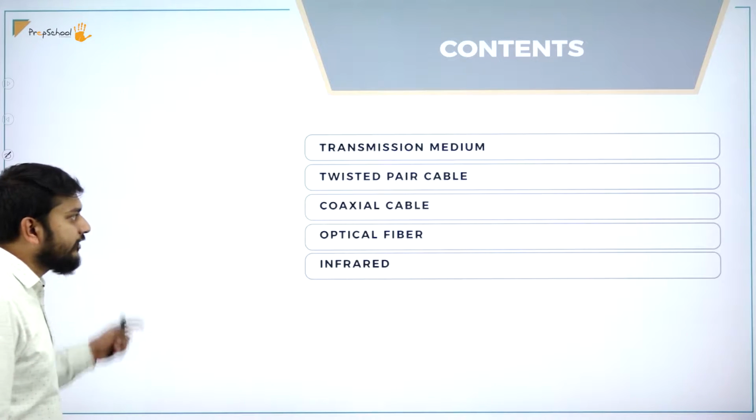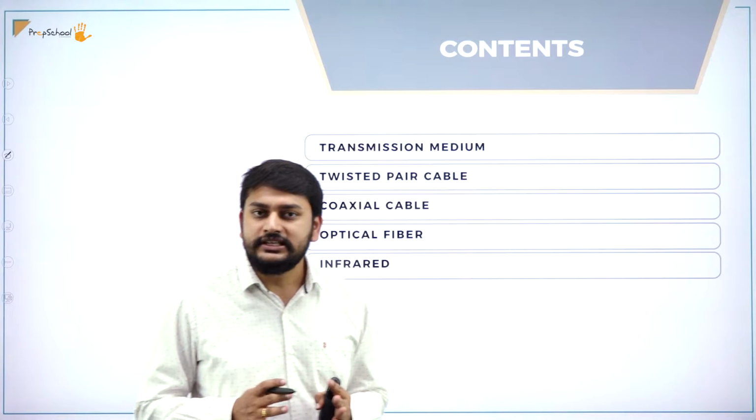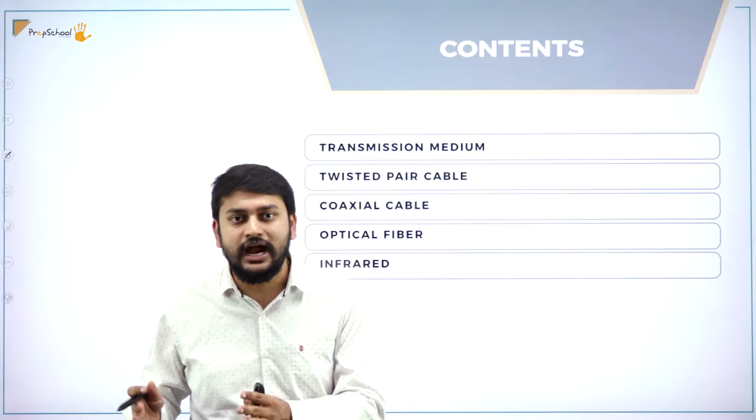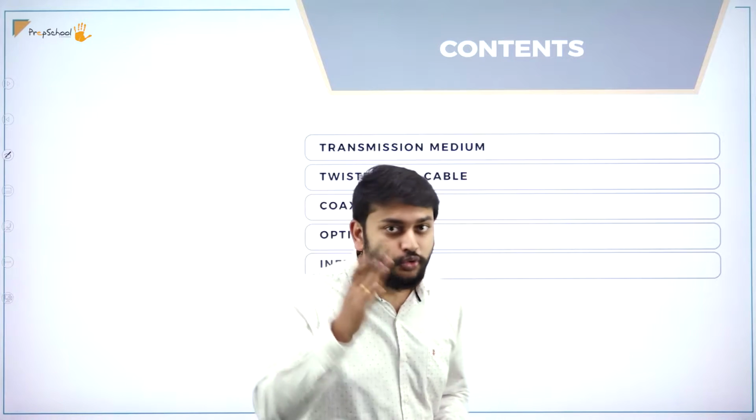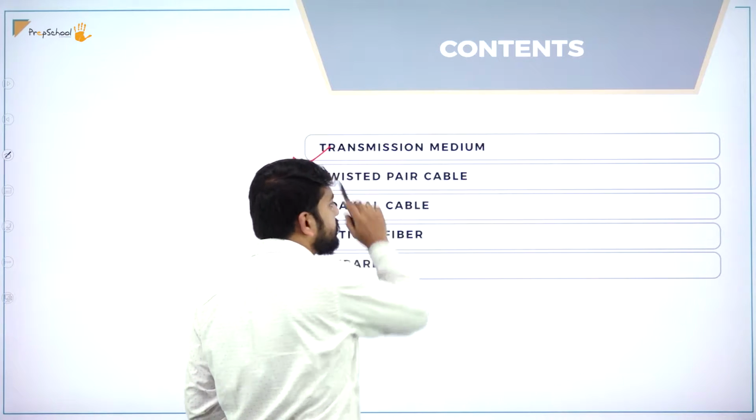What do we have for the day? I will be discussing how exactly we started communicating between two devices, with the help of what I will call a transmission medium.